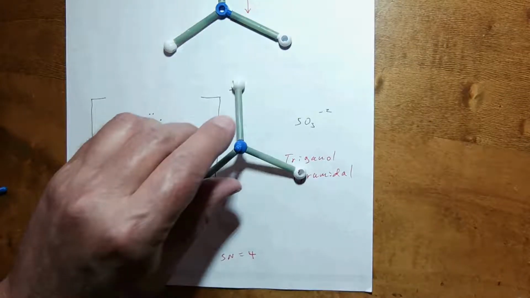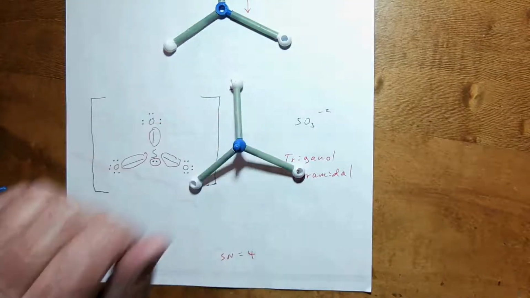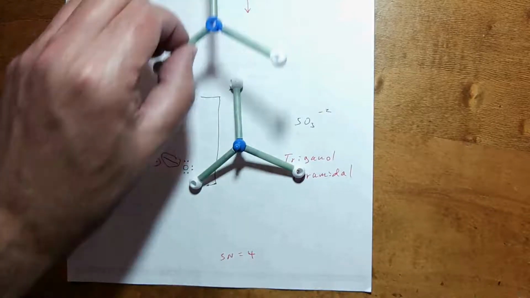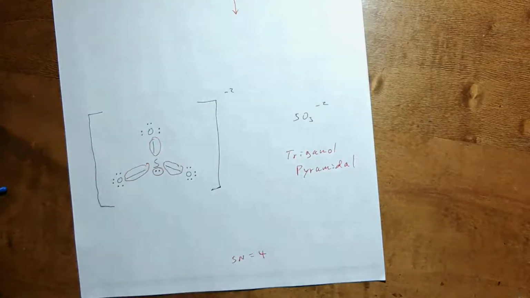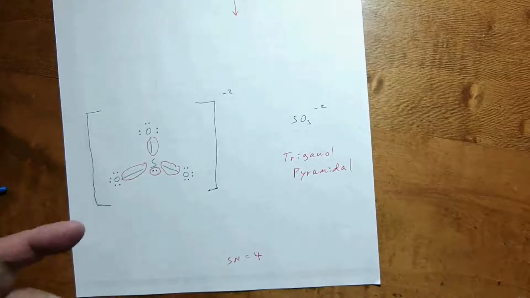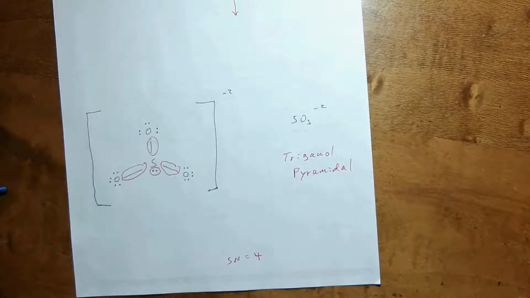So that's VSEPR theory in a nutshell. A little heads up, if you end up taking Chem 1, they show you VSEPR theory all over again, but instead of just having steric numbers of 2, 3, and 4, they'll also have a steric number of 5.